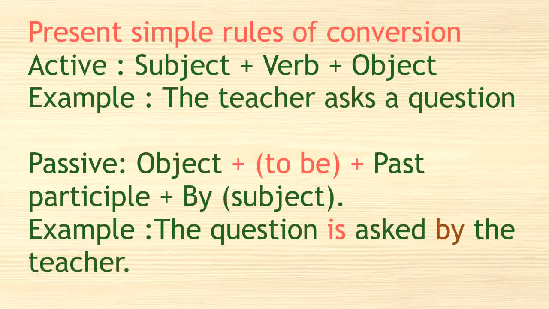It follows the nature of the main verb. So we will have object plus to be in the present simple, since asks is also in the present simple, and then you add the past participle of the verb to ask. So we will have the question is asked by the teacher.